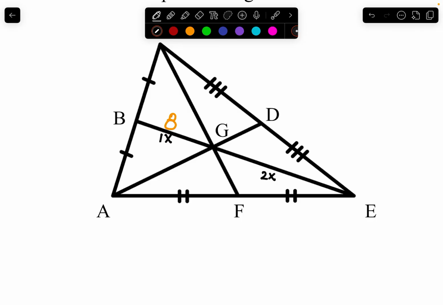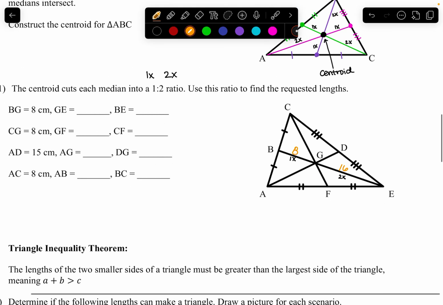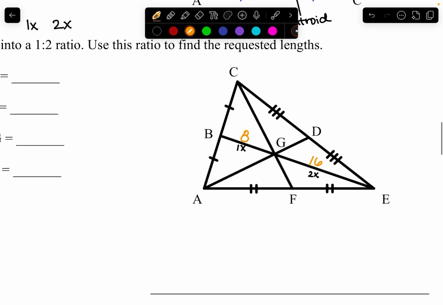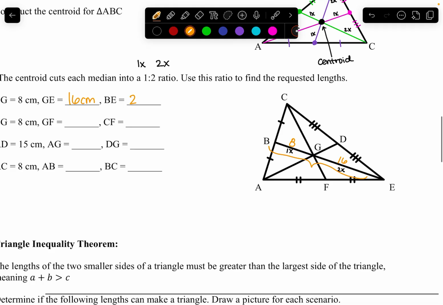So how do I get the 2x side? Well, I just multiply 8 times 2, and you get 16. So GE is 16 centimeters. And then BE is going to be both of those segments together. So 8 plus 16 is going to be 24. So this will be 24 centimeters.